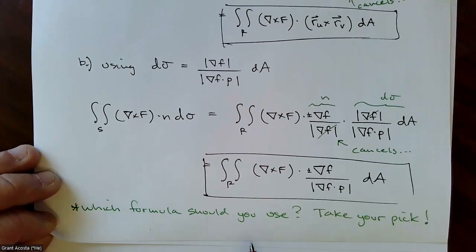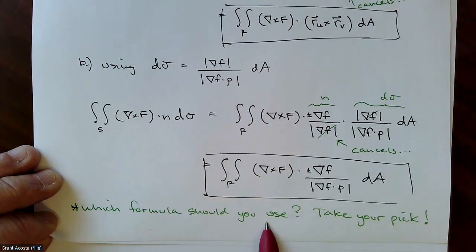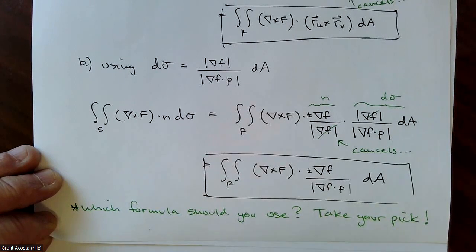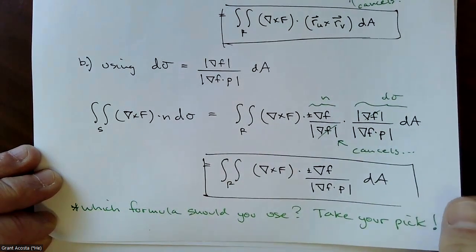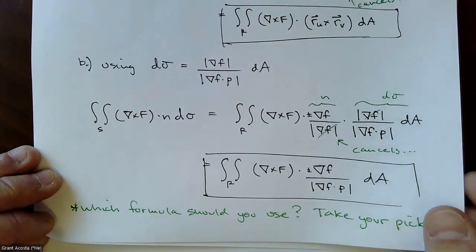And similar to when we've done these before, which formula should you use? Many times it doesn't really matter. There are times when maybe one is better than the other, but they should give you the same value. So let's see one.